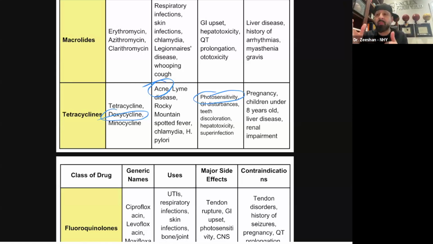Well, depending on their age, we've got to be concerned about pregnancy because it is a teratogen. Then we've got to be worried about photosensitivity. Some other ones that the boards like that aren't necessarily something that's commonly seen is teeth discoloration, but they like it. So now we're talking about pregnancy, photosensitivity.